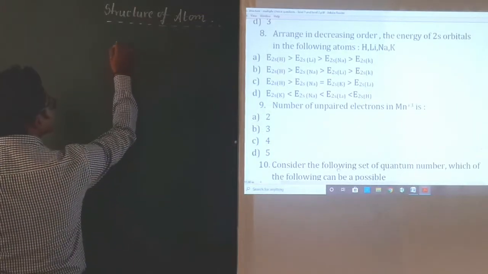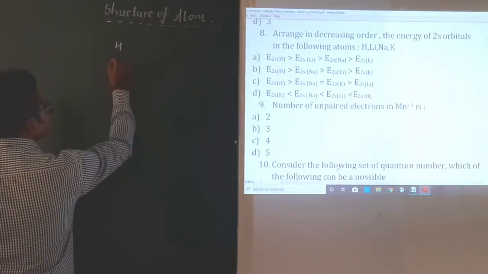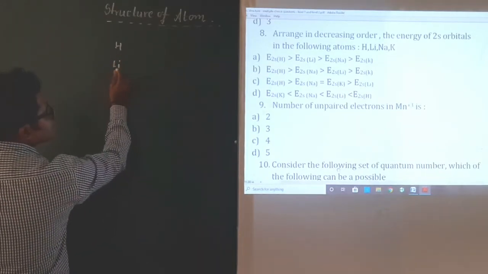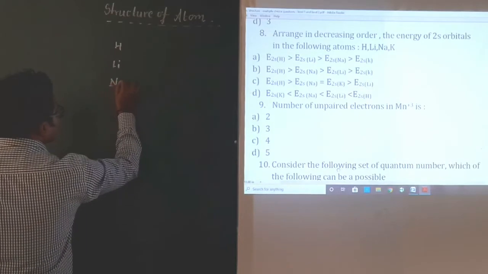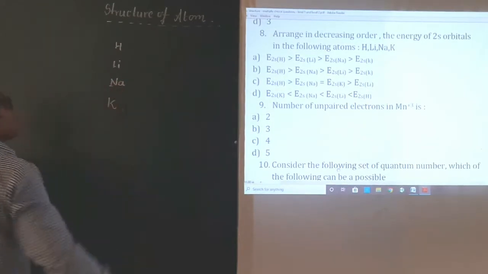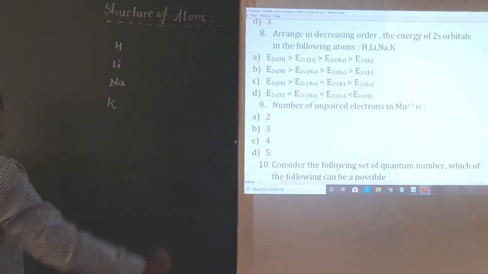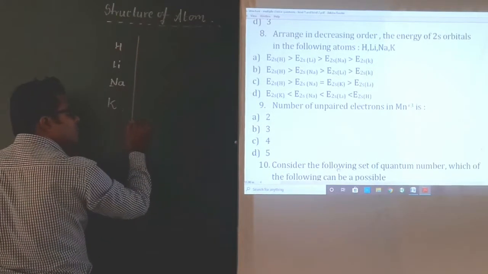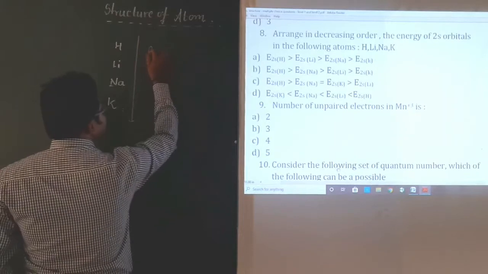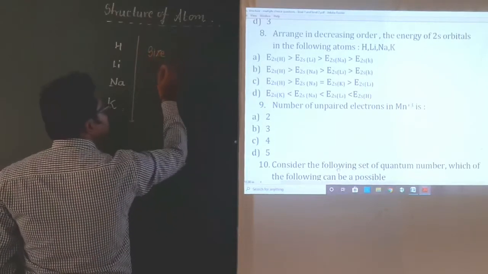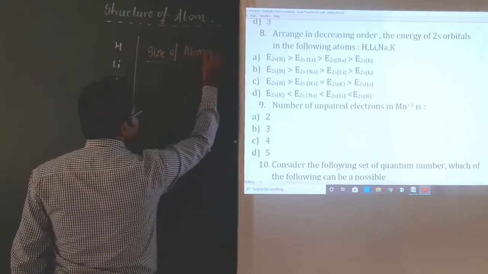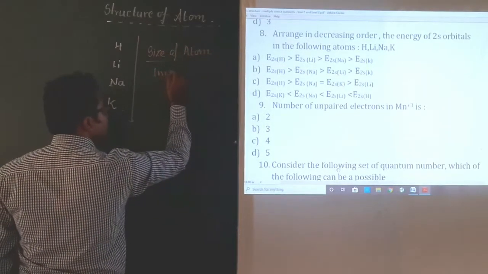So they have given us hydrogen, lithium, next one is sodium and potassium. Right? Now, as we go down a particular group, what we know is the size of the atom increases.